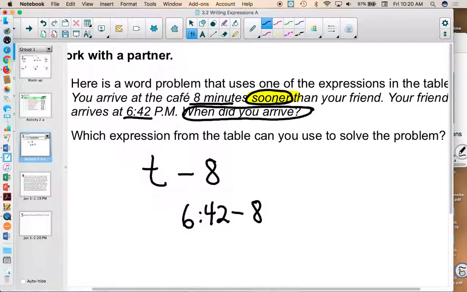Okay. Now, how would I write 8 minutes? Would I write it 8 like this? No. How would I write 8 minutes? I want to write 8 minutes. How do I write it, Jordan?